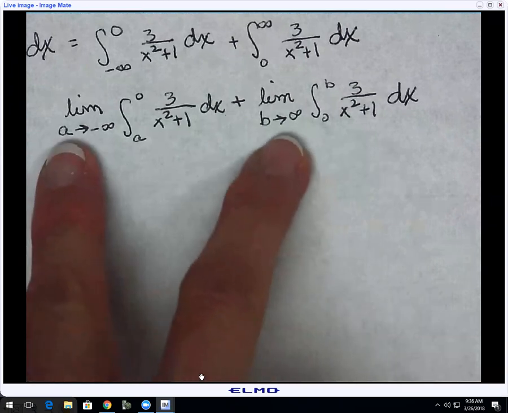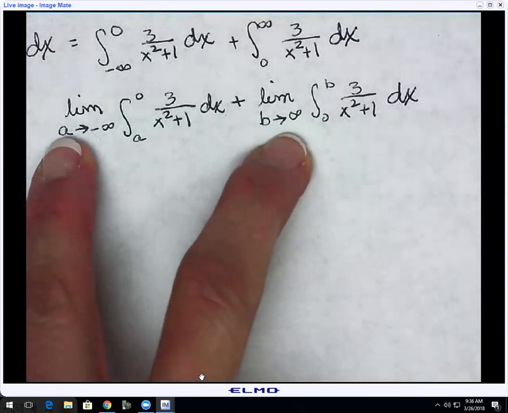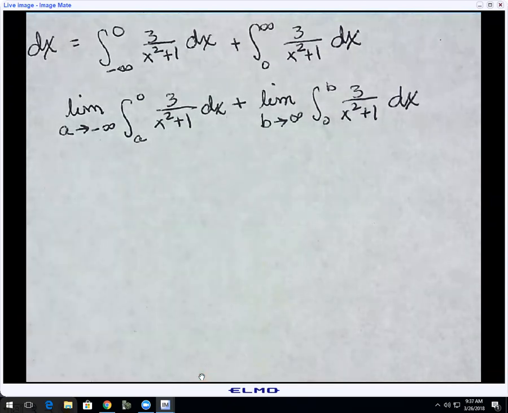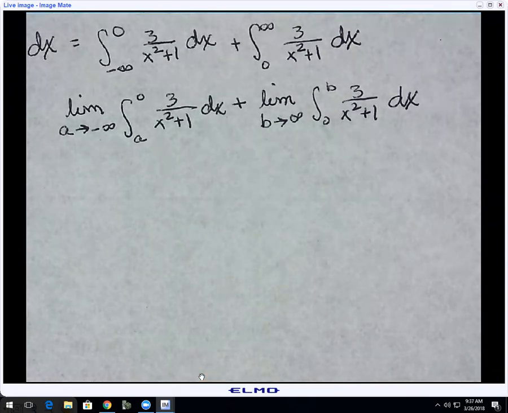Again, it doesn't matter if you set yours up this way and you look in the solutions manual and they've used b for the first limit, a for the second limit. I don't know why they kept doing that when that's not how they wrote the definition, but it absolutely doesn't matter.